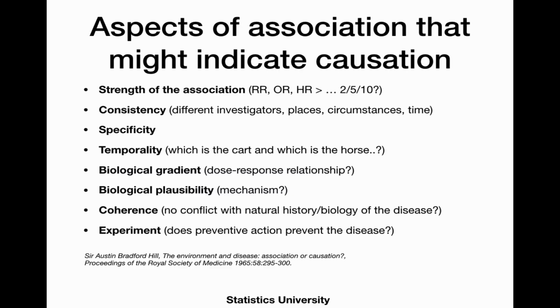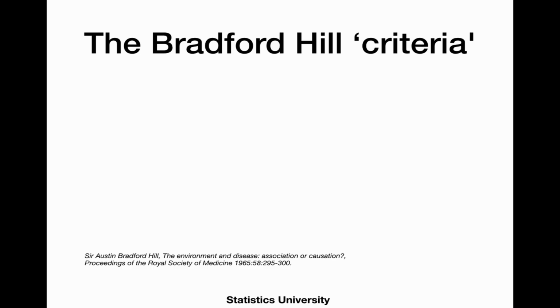And experiment. So if preventive action is taken to take away the risk factor, then does that prevent the disease, or can you somehow treat the risk factor to mitigate the disease? Then that also strongly supports a cause and effect relationship.